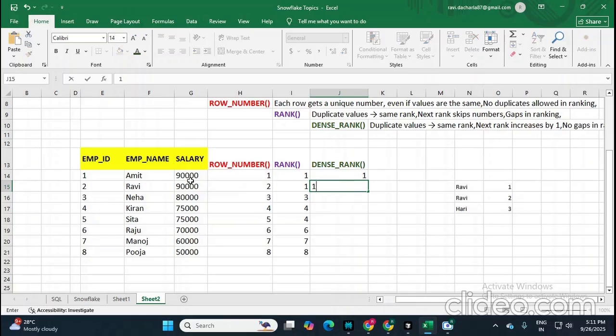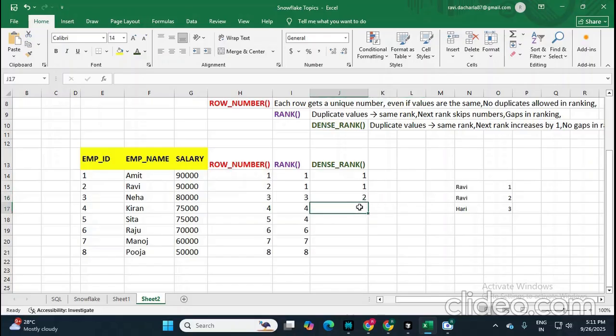For the duplicate values we assign the same rank, 1 and 1, like rank. But coming to Neha with 80,000, dense rank doesn't skip numbers. It assigns the second rank. In rank it skips the number, but in dense rank it doesn't. So no gaps in the ranks: 1, 1, and 2.